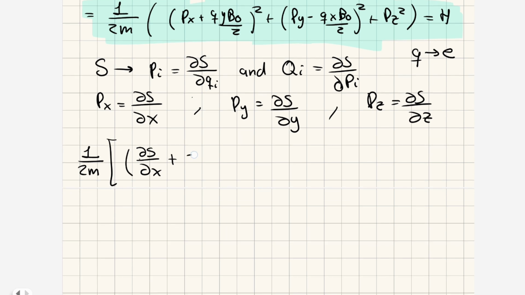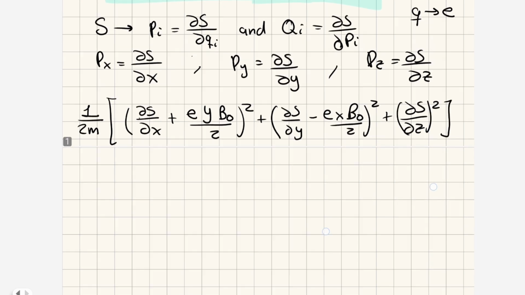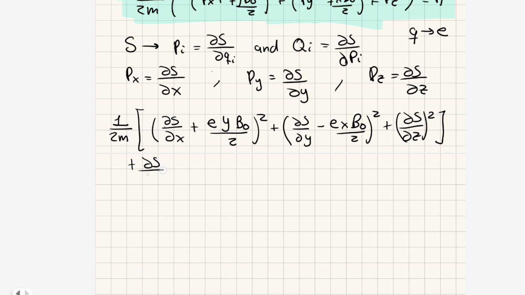So let me write plus e y b0 divided by 2, all this is squared, and then plus the partial of S with respect to y minus e x b0 divided by 2, squared, plus the partial of S with respect to z, squared again, and then we will have plus the partial of S with respect to time equals 0. Yep, this will be the Hamilton-Jacobi equation for the corresponding particle.